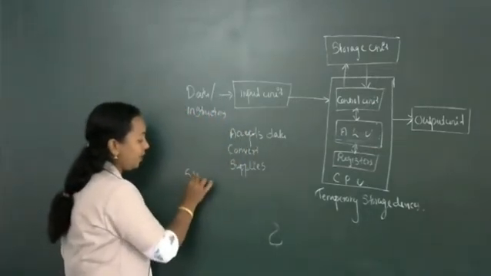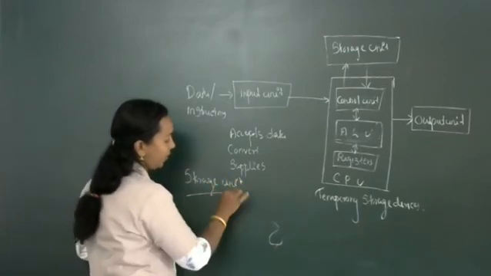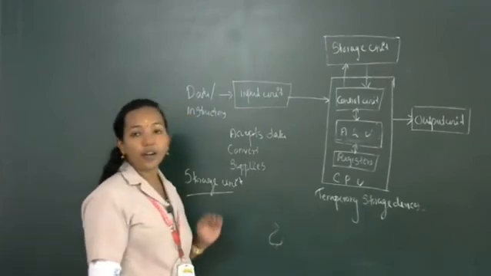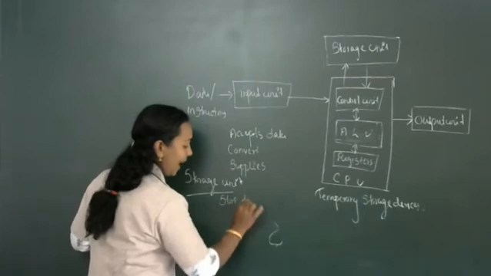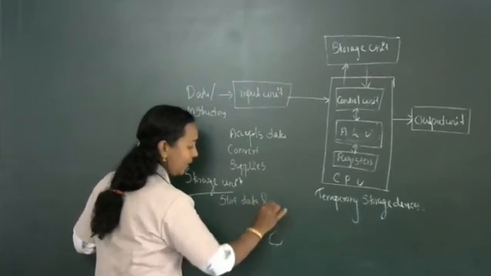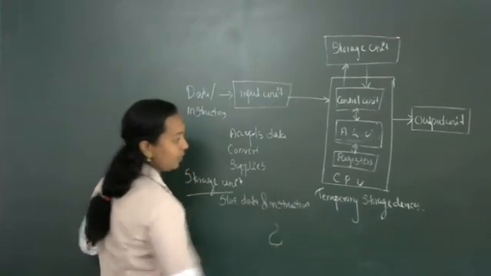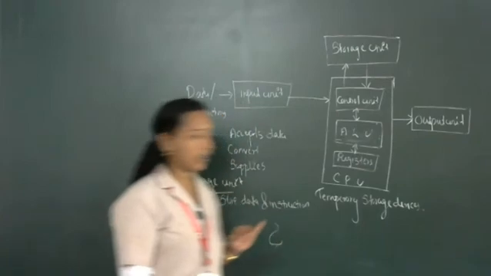So what are the different duties of storage unit? First, it stores data and instructions. That is the first duty. What is the first duty? It stores data and instructions.